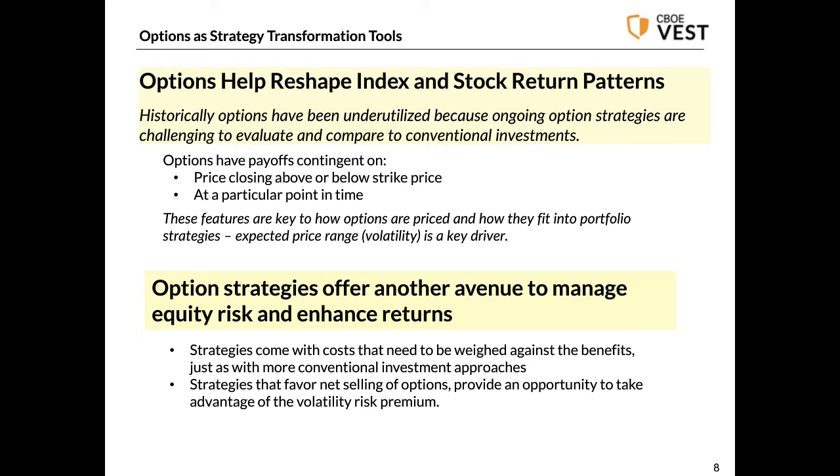They might be upfront costs when you buy a call or a put option. Also, there's a feature of options that I'm going to talk about: there are more buyers of insurance than there are sellers of insurance. And so this provides an opportunity to take advantage of something called the volatility risk premium that is present in options.